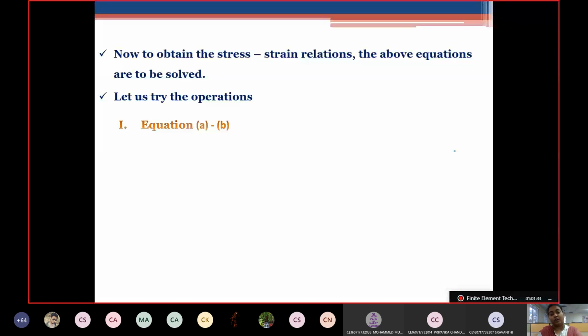That is why writing down all the 6 equations is very, very important. So taking equation A and equation B, the output we are going to get will be like this. We will get a combined equation in terms of normal stresses in X and Y direction. Let me know if you got the same answer.